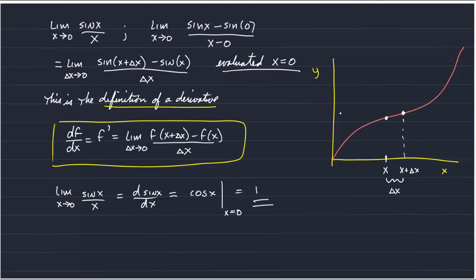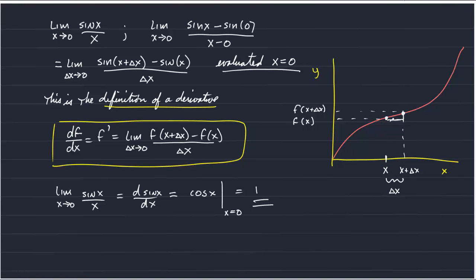Right? So this is the function evaluated at x plus delta x, the right side point, and the left side point is the function evaluated at x. So we take the difference between those two, and the difference between the two function values is the rise, and the run is delta x.